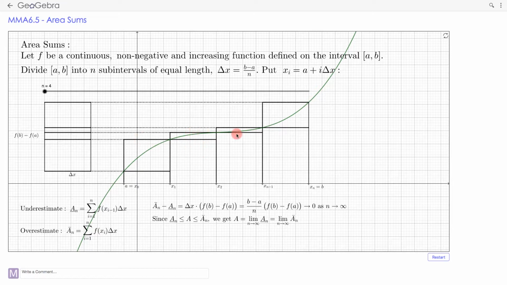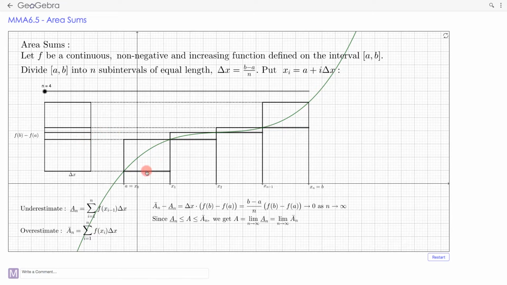The same applies for this rectangle and this rectangle down here, and this rectangle and this rectangle. So in the end, the only rectangles that we need to look at the difference between is this one and this one. Right. Everything else cancels.